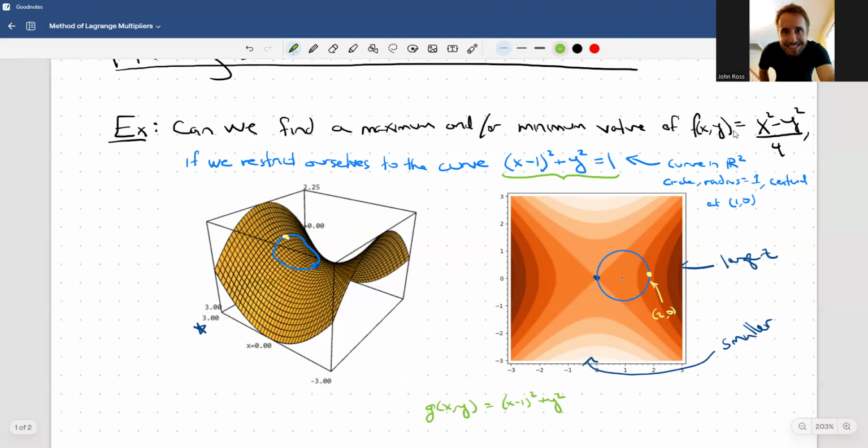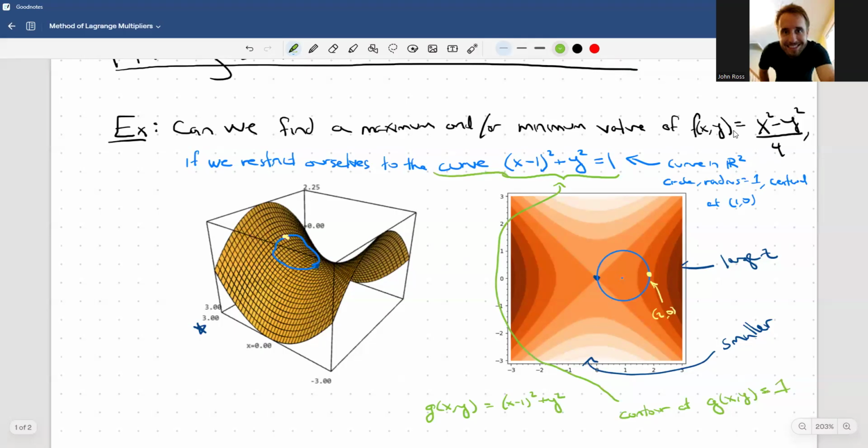This is another, different multivariable function, and the curve given by (x minus 1) squared plus y squared equals 1 is nothing more than a contour of g of x, y equals 1.